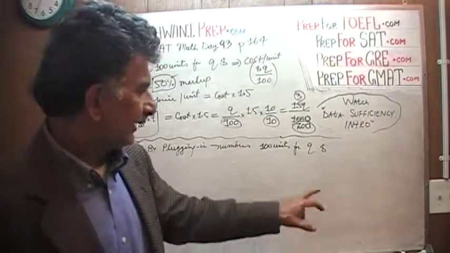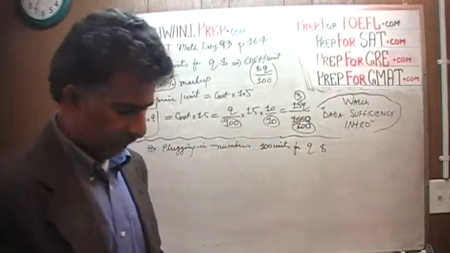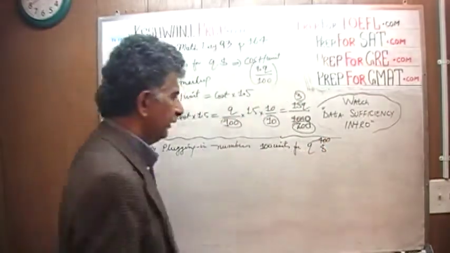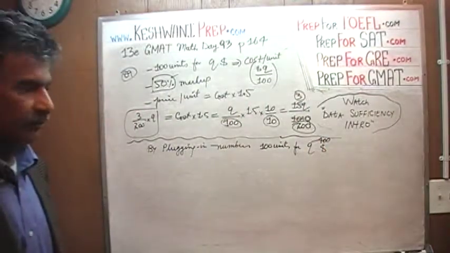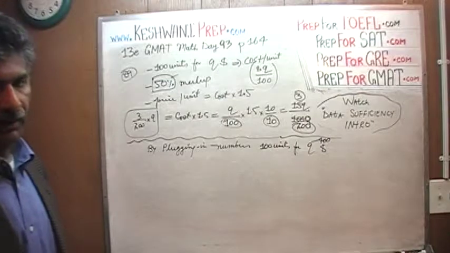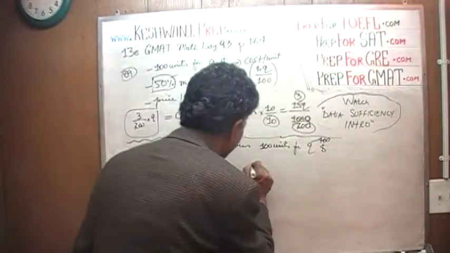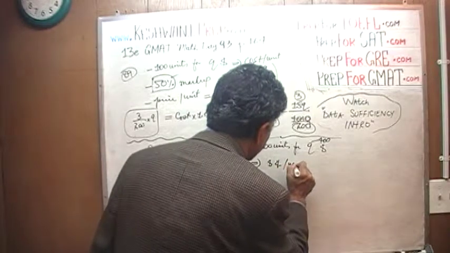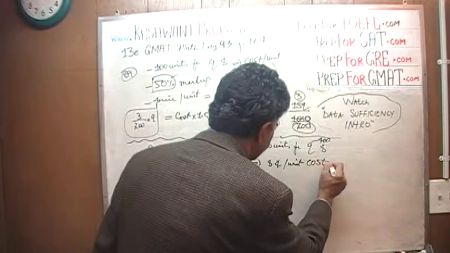I'm going to put in something I can divide 100 by very easily. Let's put in 400. Let's pretend that Q is 400. So now it says that we're making 100 units for $400. That implies that the cost is $4 per unit.